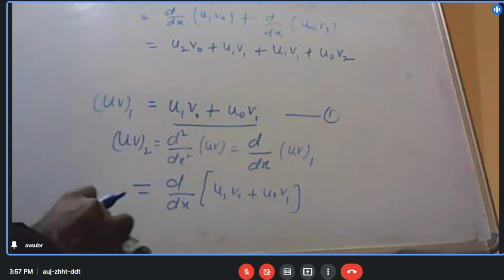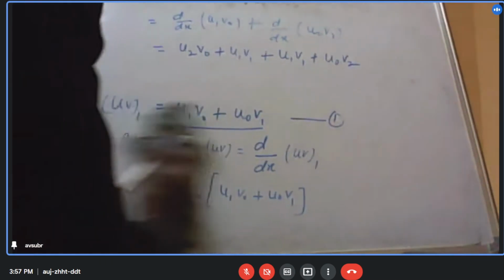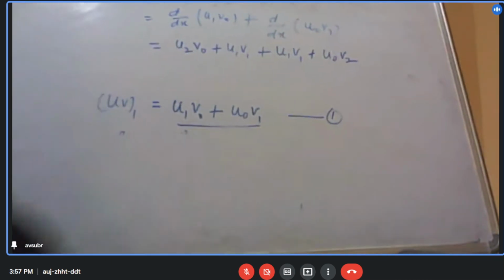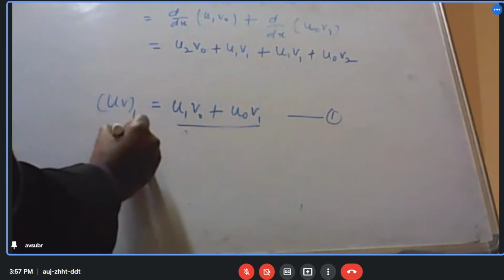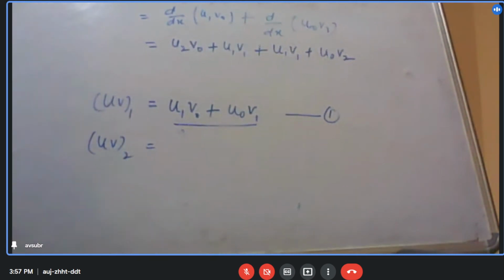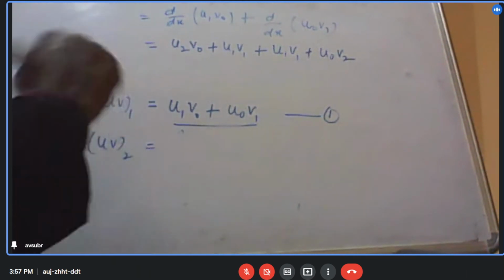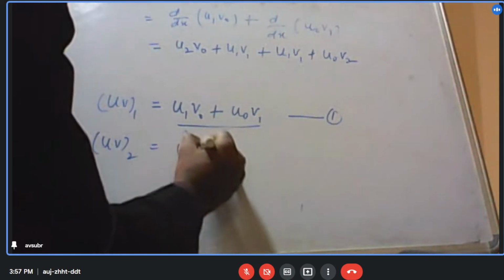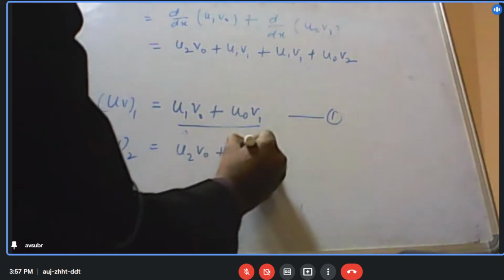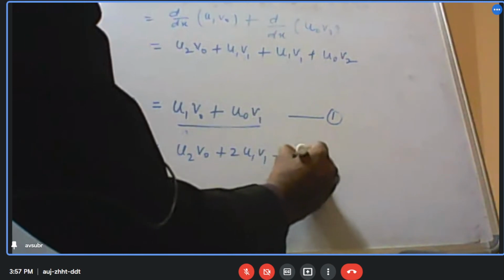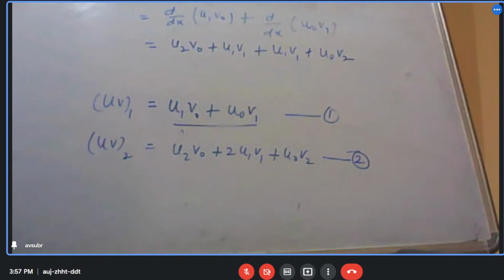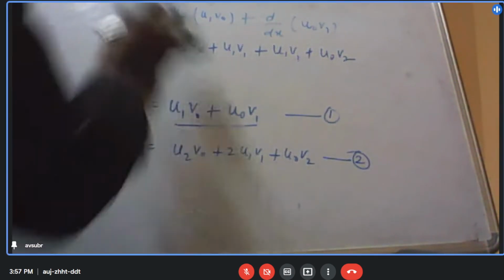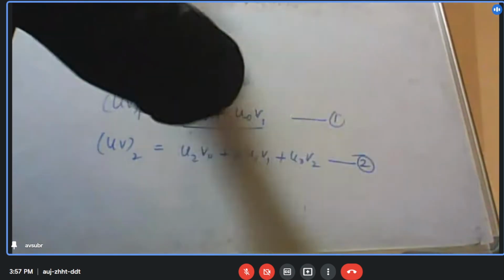Upon simplification, the second derivative of uv will be u2 v0 plus twice of u1 v1 plus u0 v2. This is equation number 2. All right, next we can find the third.